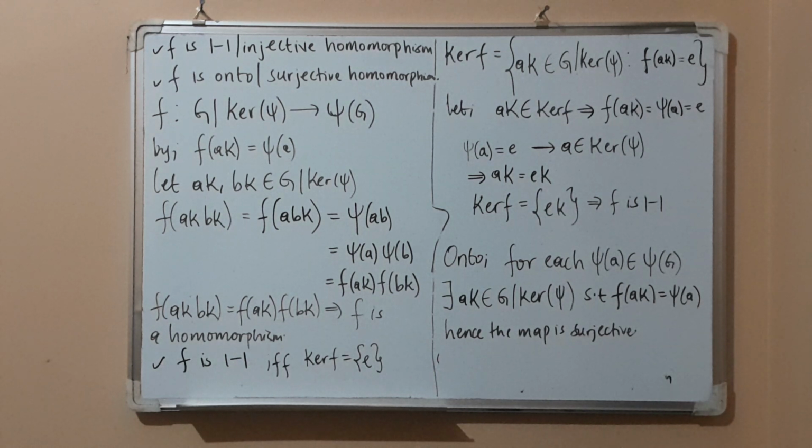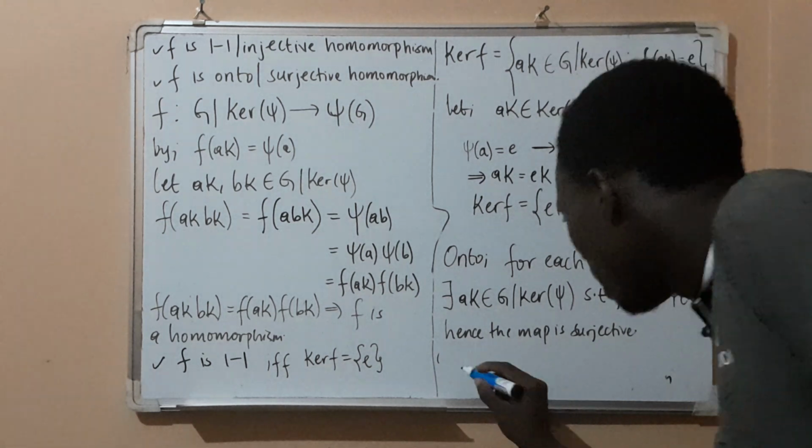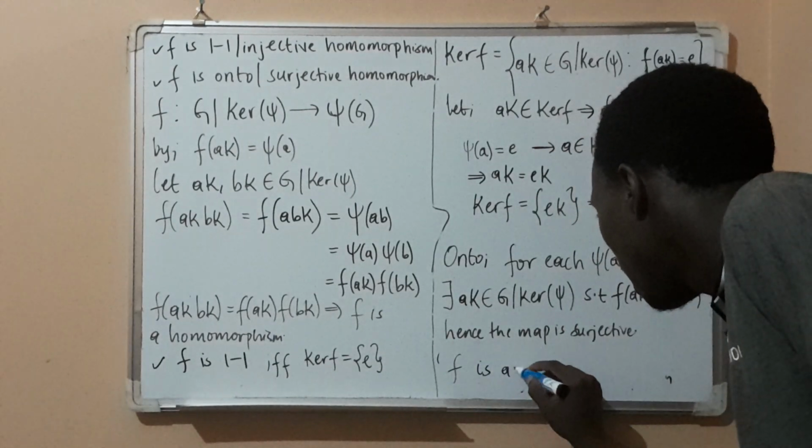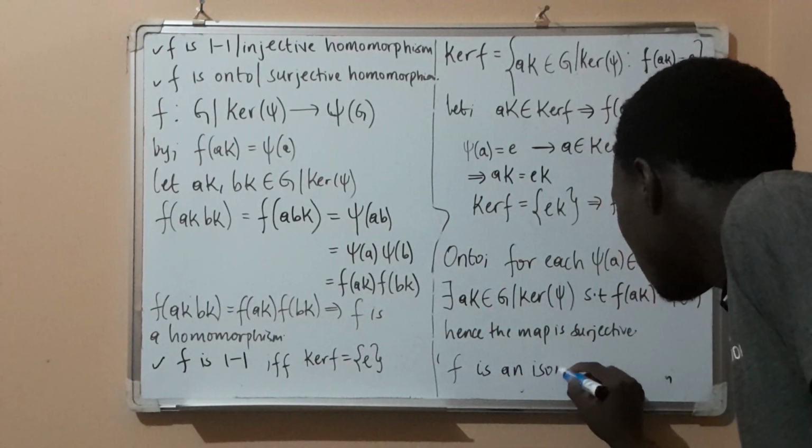Hence, the map is surjective. So combining 1, 2, and 3, combining the fact that F is a group homomorphism, F is one to one, F is onto, therefore F is an isomorphism.